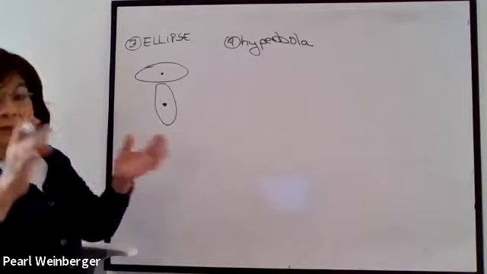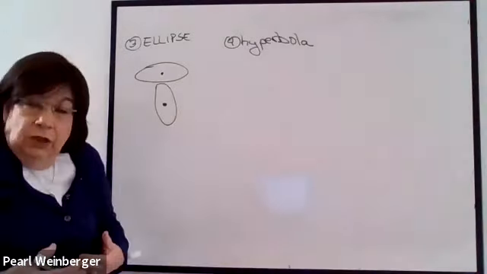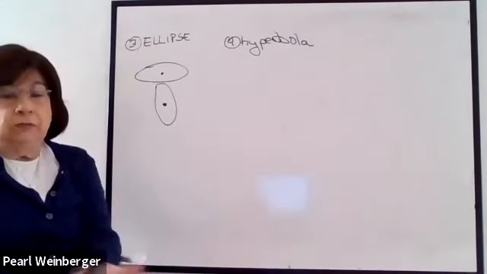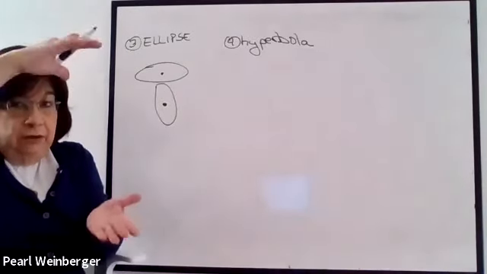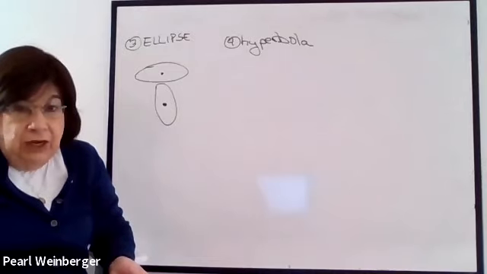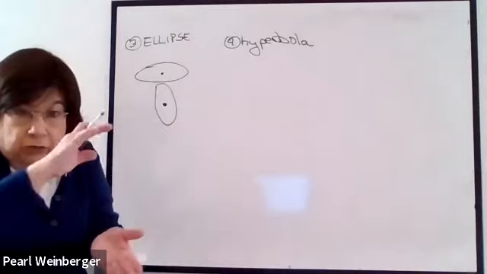Basically, what an ellipse is, is a flattened out circle. Actually, the Earth is not a perfect circle or sphere. It actually is a little bit flattened out. It's really an ellipse in shape because it's flattened out at the north and south poles.